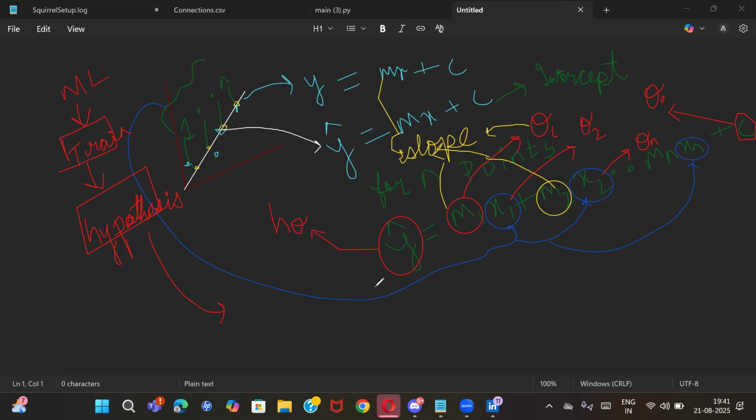So instead of this equation, how can we simplify and write it?